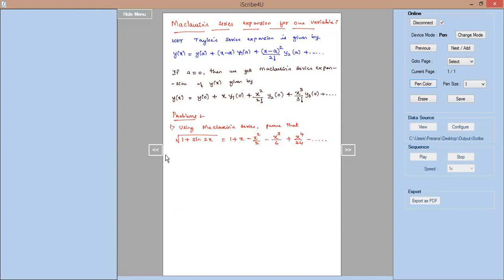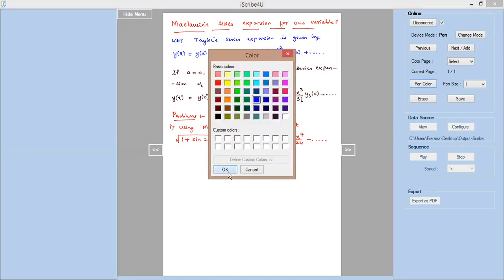We have to find the Maclaurin series expansion and prove that the answer is of the form 1 plus x minus x square divided by 2 minus x cube by 6 plus x power 4 by 24, etc. So let us do the solution.